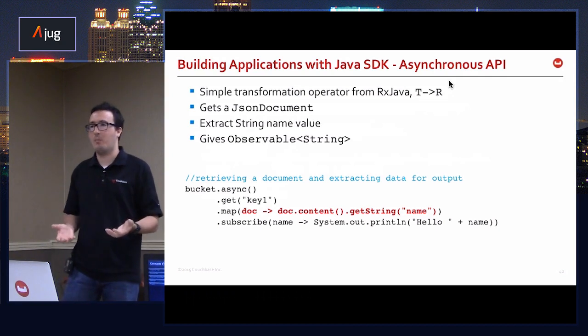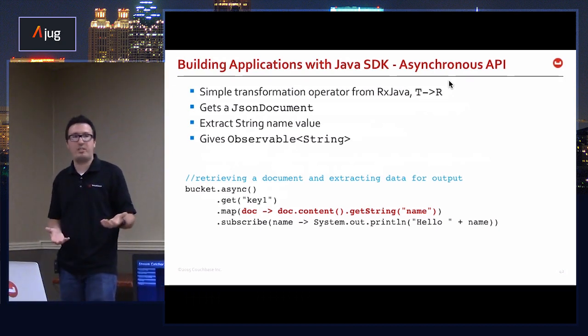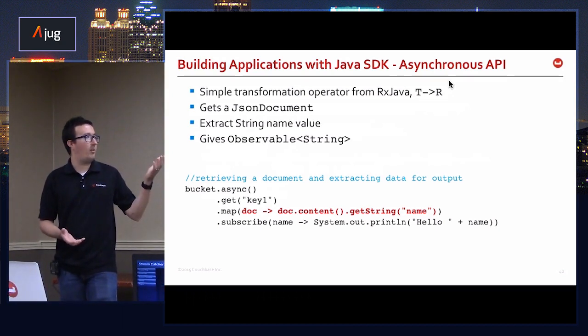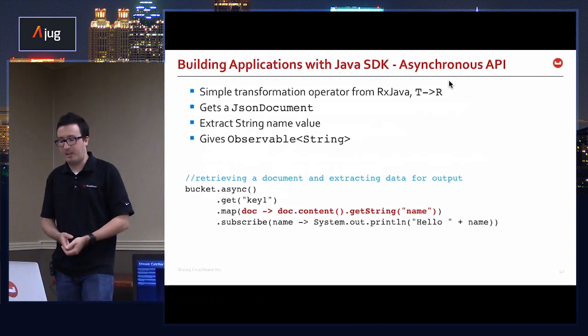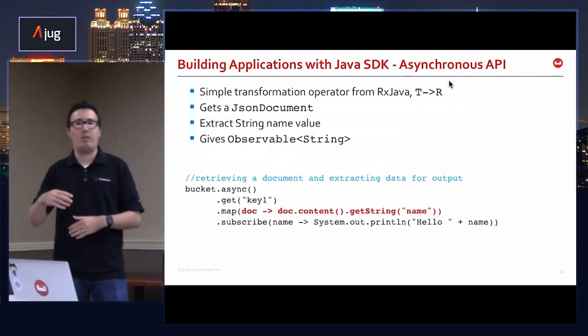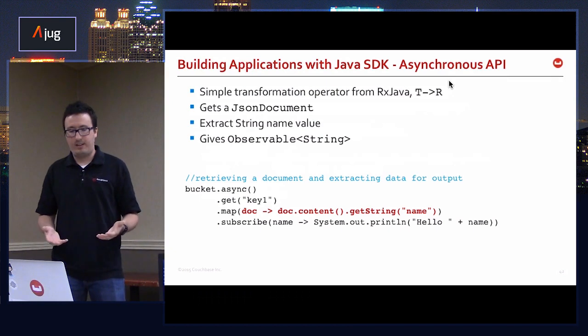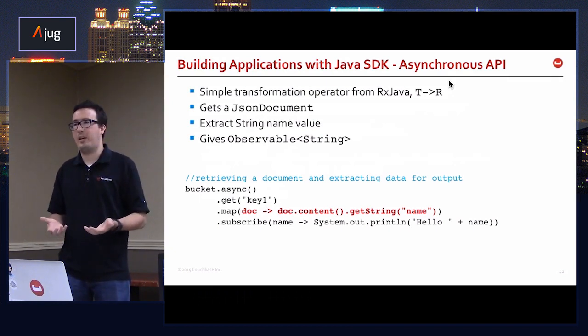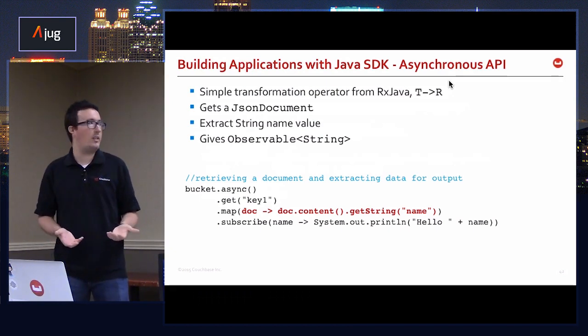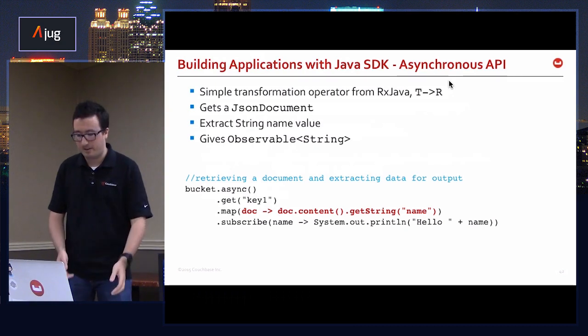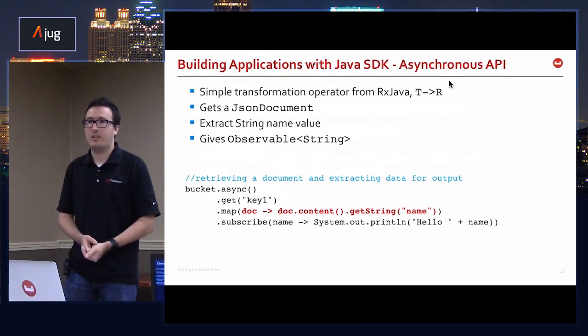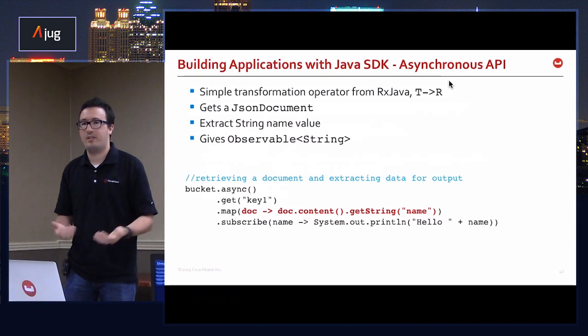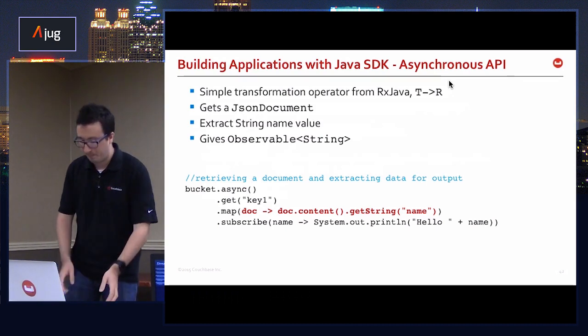And then when we subscribe, when we get a notification of this event, we're just going to print out name, and that's what we're going to be left with. So you can do this whole flow, and depending on the scenario, it makes life a lot easier, and there's certain conveniences about it, but it's ultimately the needs of your application. It's synchronous. I use synchronous all the time as well.